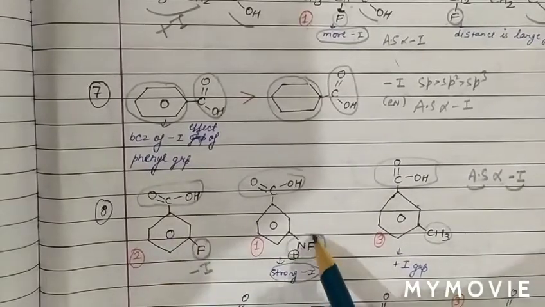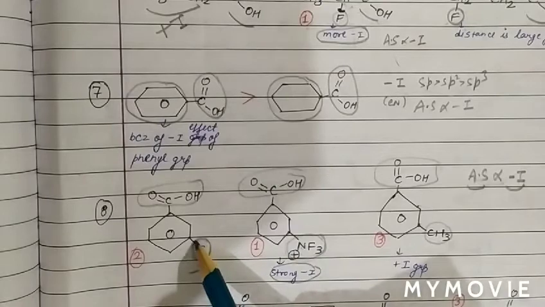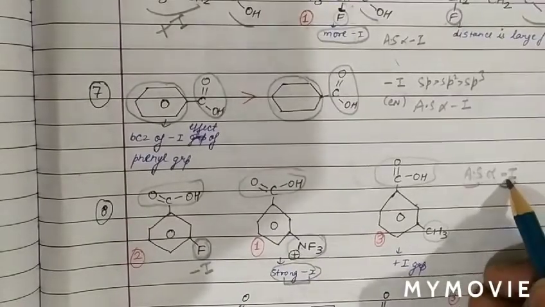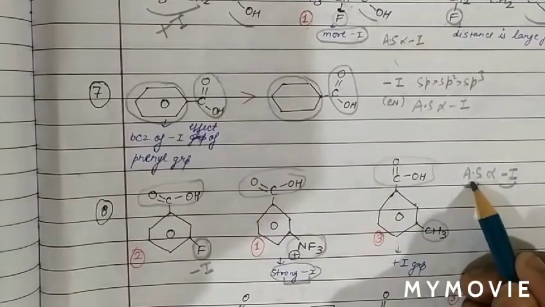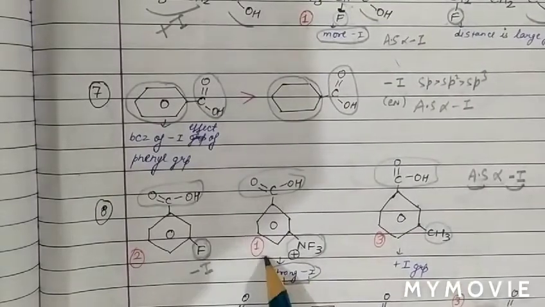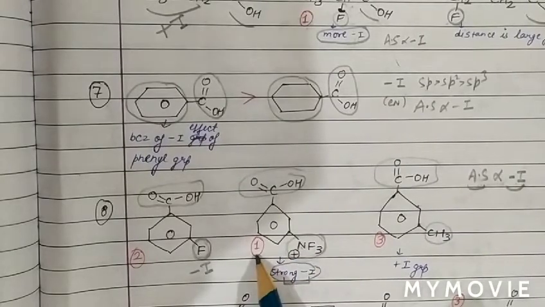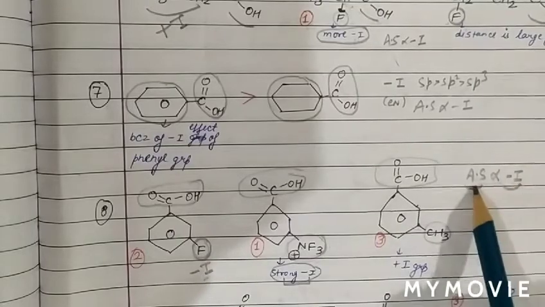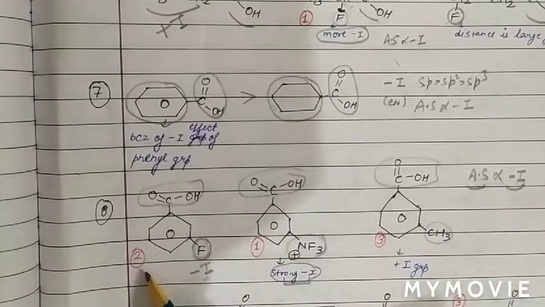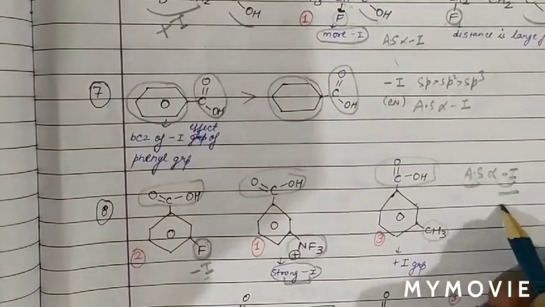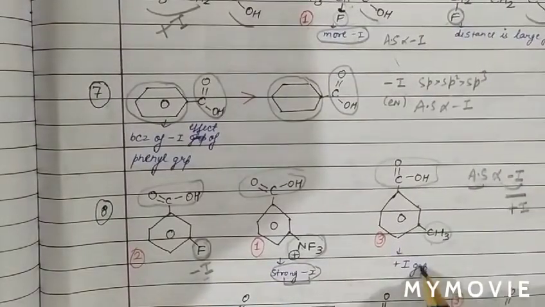Therefore, strong minus I means a stronger acid. Therefore, it is the strongest acid at number 1. Here it is also minus I, and minus I increases the acidic strength, so it comes at number 2. And plus I decreases the acidic strength because acidic strength is inversely proportional to plus I. So it is at number 3.